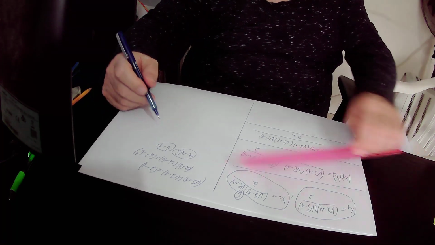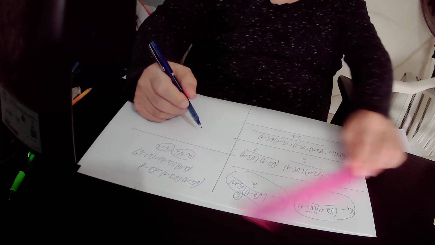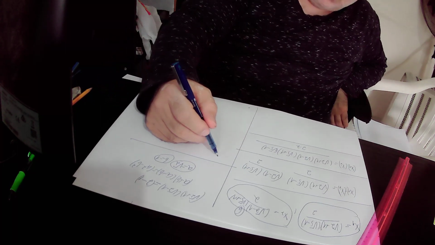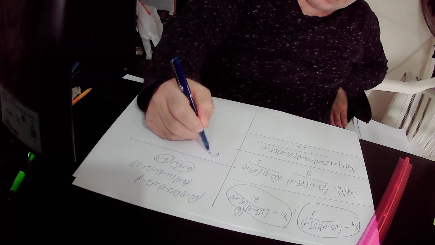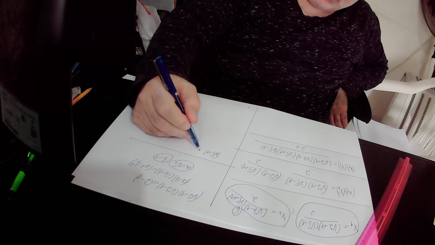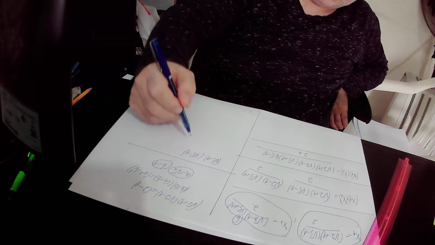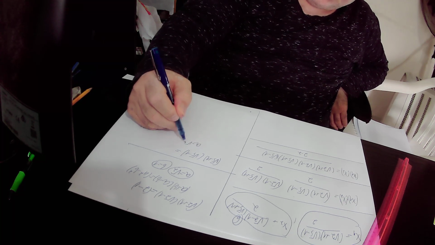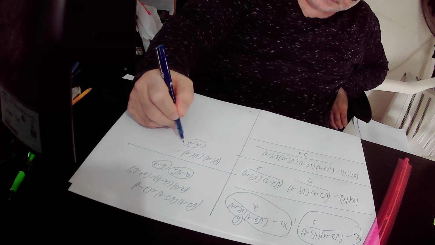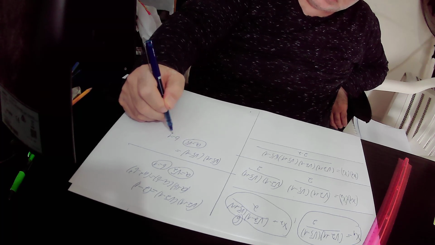In the same way, we will find out the value of the multiplication of square root of 5 plus 1 times square root of 5 minus 1. Here a equals square root of 5 and b equals 1.